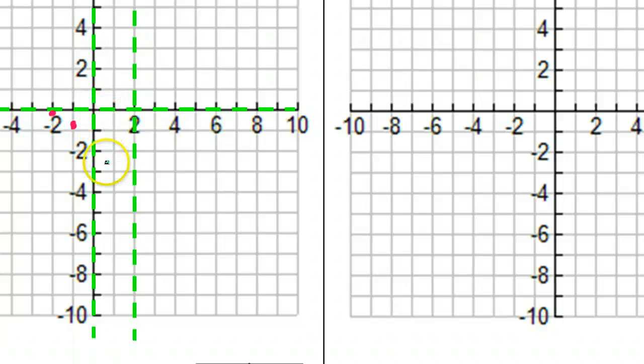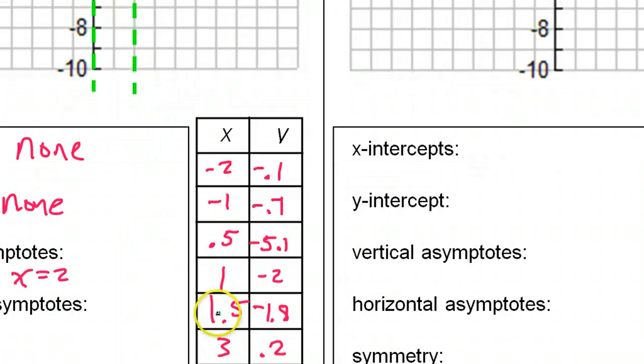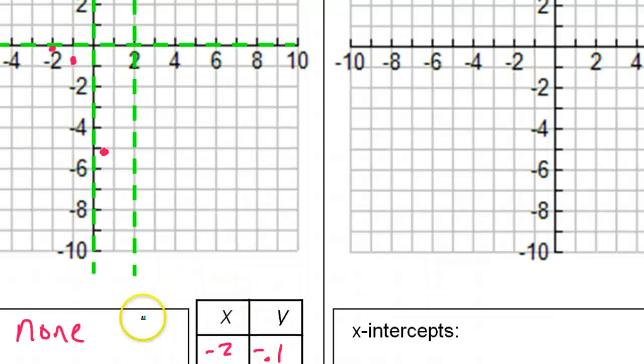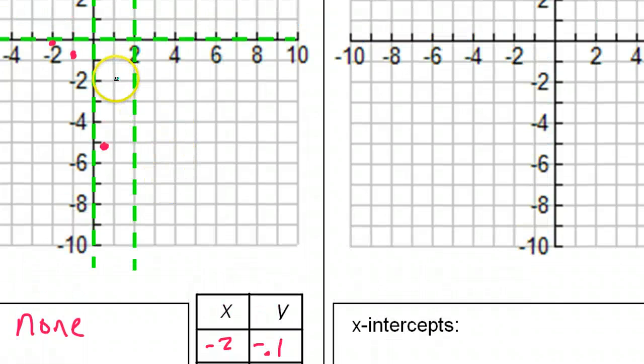So here's 0.5 and -5.1 will be right here. Okay, at 1, we're at -2.